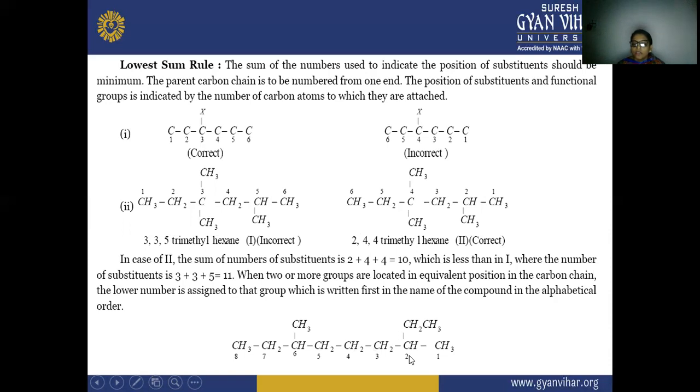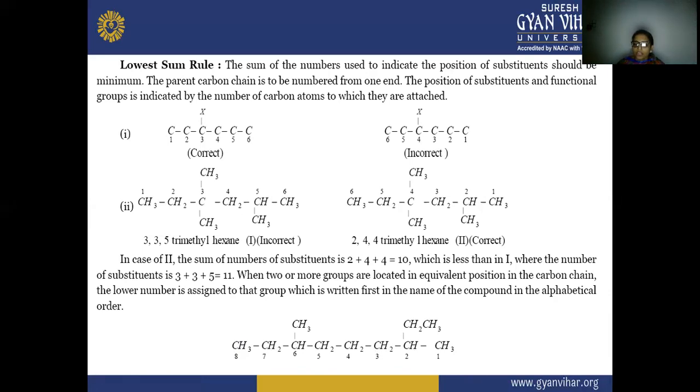We are numbering from this side because it is nearer. The ethyl is attached to the second position, and if we were numbering from the other side, it would be attached to the third position. That is why we are numbering it from the second position.